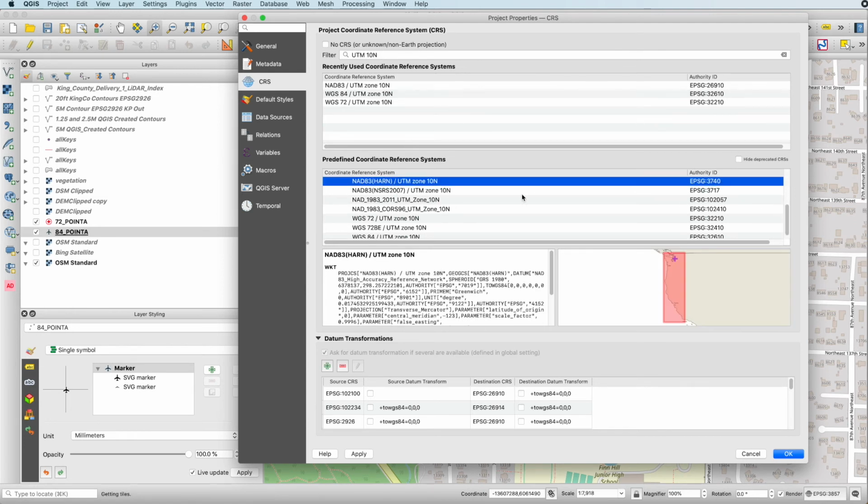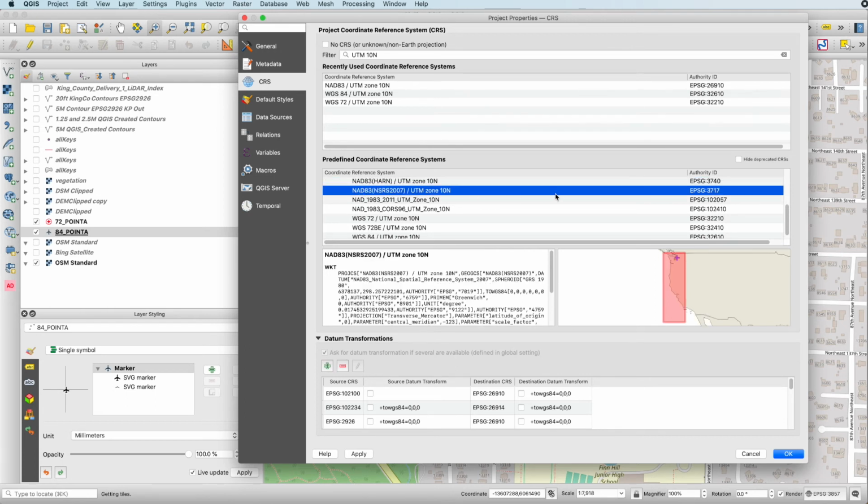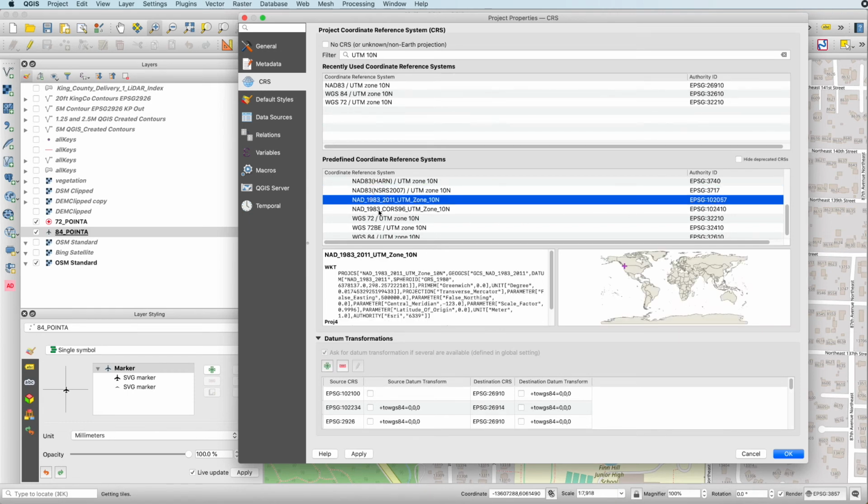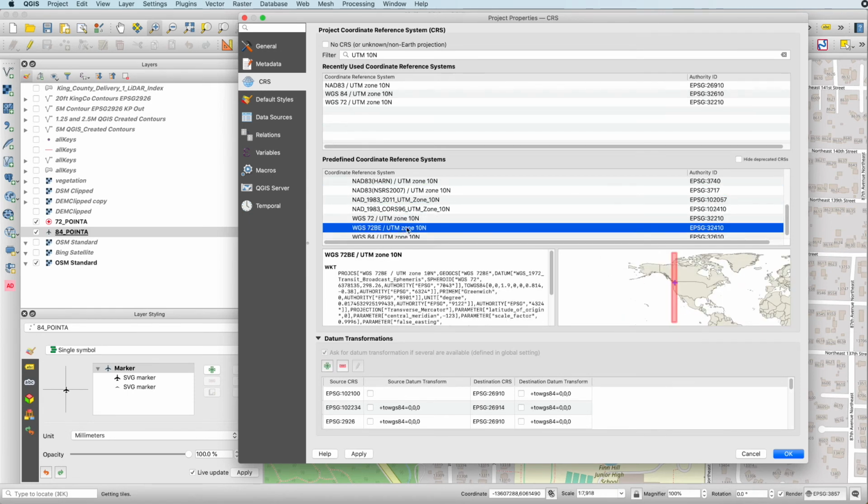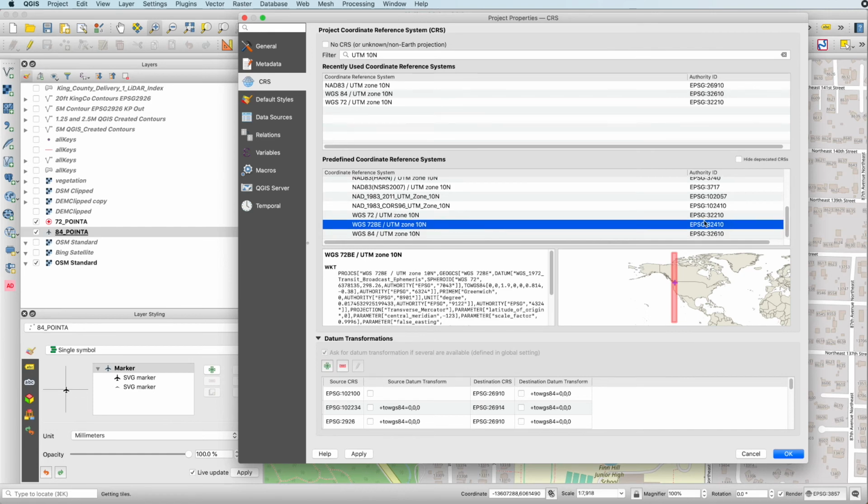There's a UTM zone 10 that is NAD 83 HARN datum, and that's a high accuracy datum. There is the NAD 83 NSRS 2007 3717, and the list sort of goes on and on and on and on.